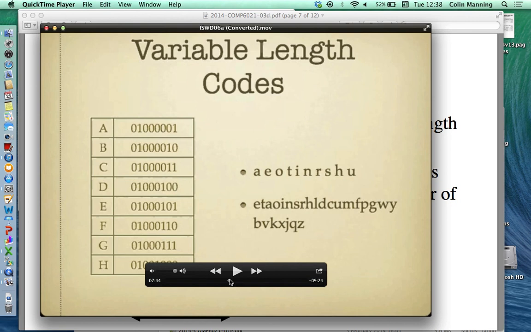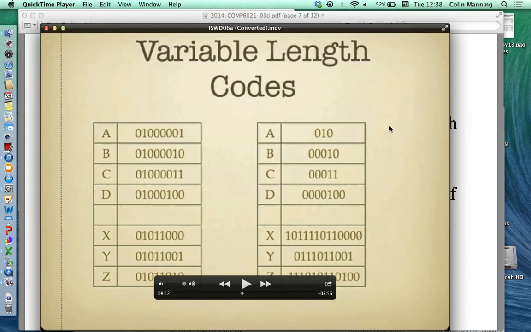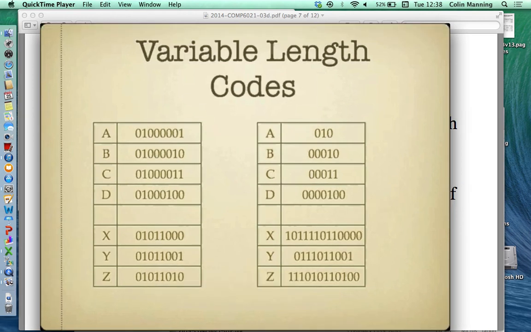So it's not binary in the way that Braille actually was. Okay, so imagine we had a situation where really commonly occurring characters like, say, A had short codes, and infrequently occurring characters like Q had long codes.